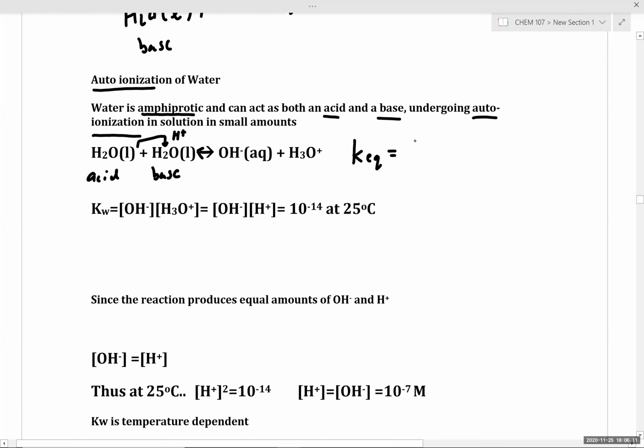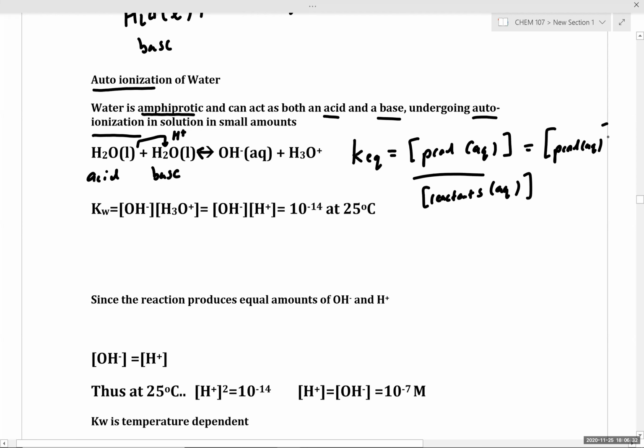K equilibrium looks at the concentration of products, anything with an aqueous symbol in the products, over the concentration of reactants, again anything with an aqueous symbol in the reactants. Since our reactants are liquids, it just simplifies to the concentration of products with an aqueous symbol.